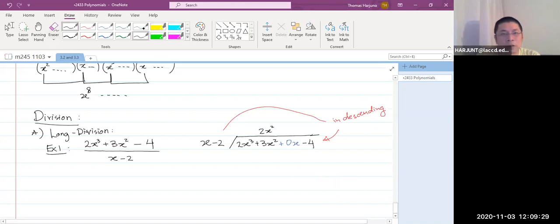Now then you ask yourself, okay, 2x squared times x is 2x cubed. 2x squared times negative 2. So basically you will distribute this against this term. Okay, and you will get minus 4x squared.